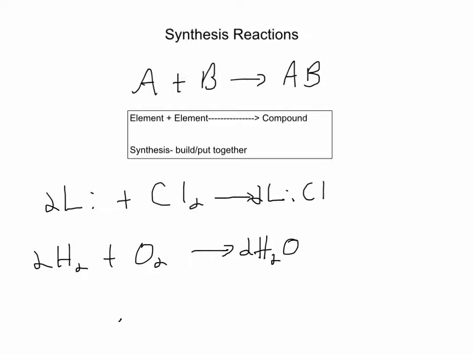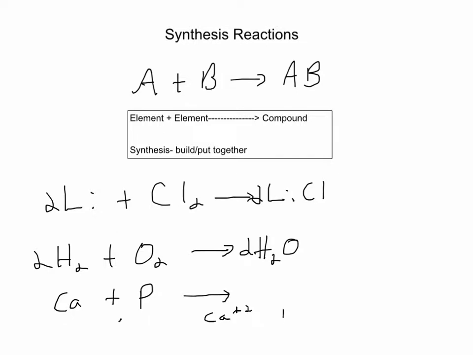So if I tell you we are reacting calcium with phosphorus, well, you know we have a metal and a nonmetal, and we combine that, we get an ionic compound. Calcium has a +2 charge as an ion.